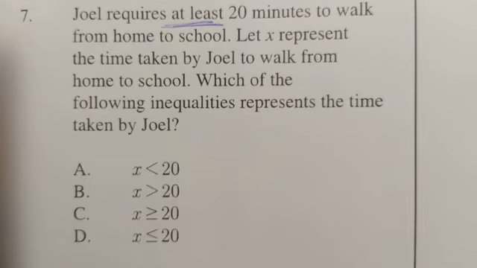So when we talk of at least, it means that the least minutes that Joel can take to walk from home to school is 20 minutes. So meaning that Joel can take 20 minutes or more. So the time taken by Joel is X.